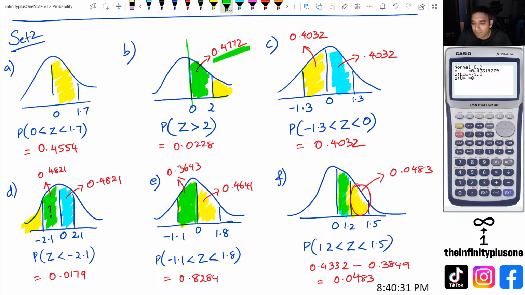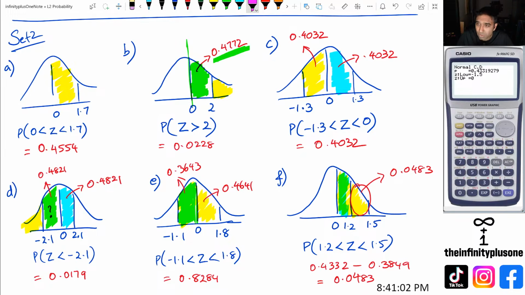Anyway, Hudson, one thing you might have noticed in that previous question was, why do you use 0.5? Question B. The reason I used 0.5 is because I want to find the yellow area, which is what the question is actually asking me to find.